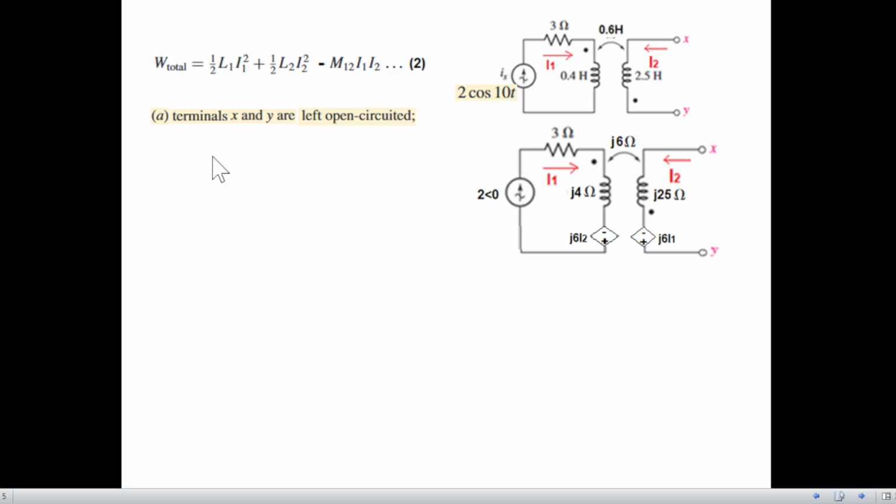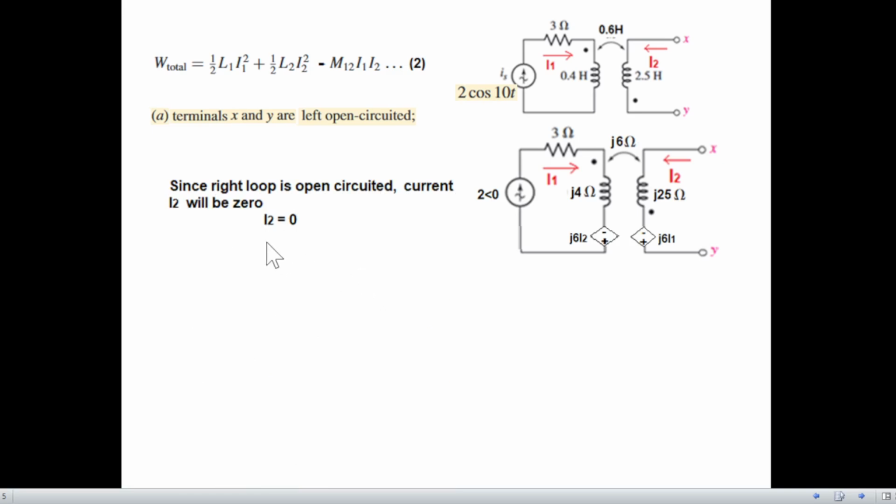So first of all, the first part, the terminals X and Y are left open circuited. So this is open circuit. This means there is no current flowing in this. That means I2 is 0. So let's come on to this equation. Since the right loop is open circuited, current I2 will be 0.